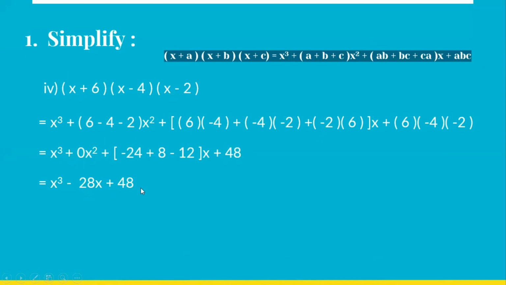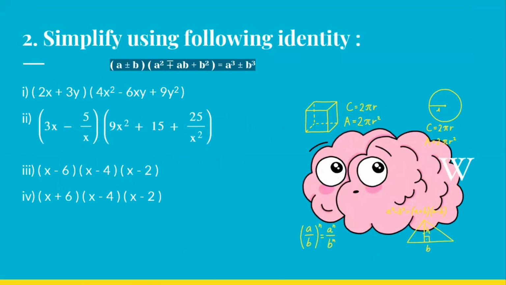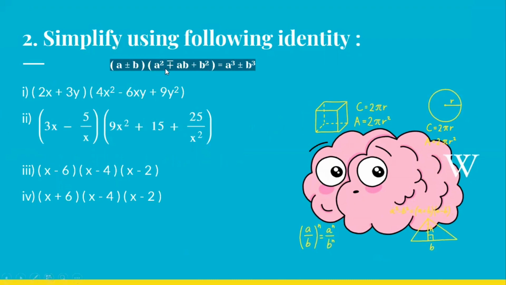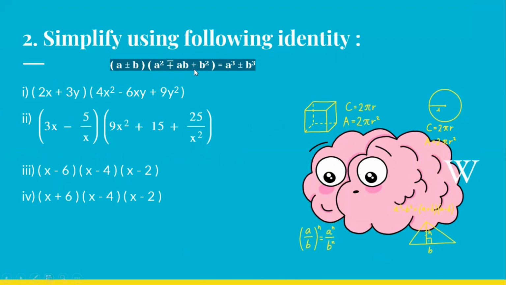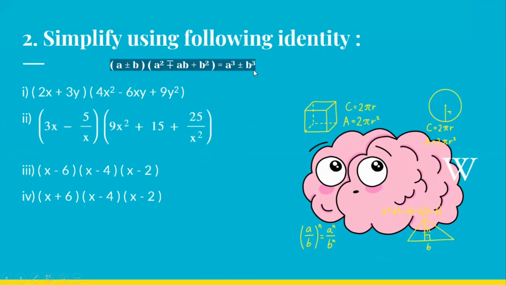Come on. Those who got the correct answer can pat themselves. We move on to question number 2. Now simplify using the following identity. The identity is a plus or minus b into a square minus or plus ab plus b square is equal to a cube plus or minus b cube. Just remember this identity.